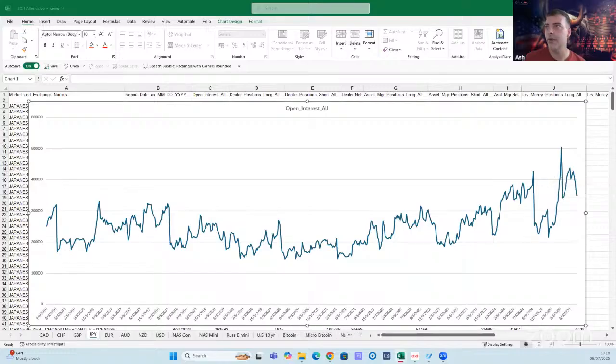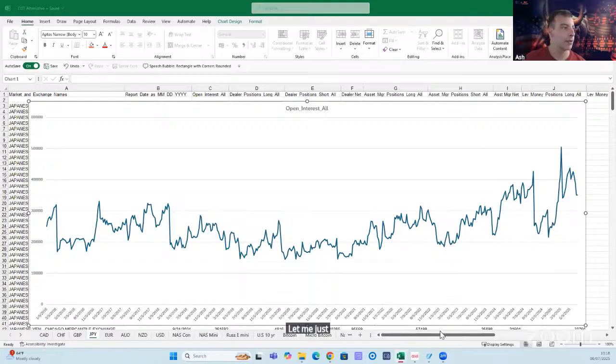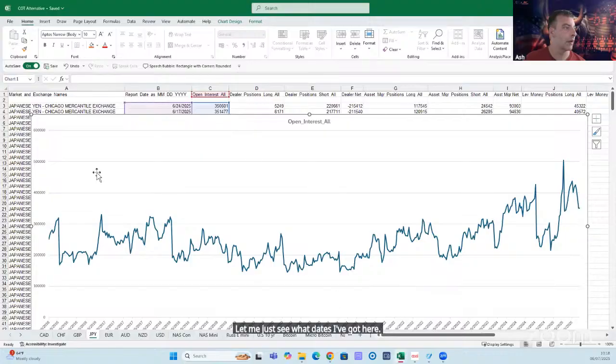Actually, it might benefit you guys to see this. So let's see if we can do this really quickly. We're going to put on a dollar yen chart. Let me just see what dates I've got here. Yeah, okay.